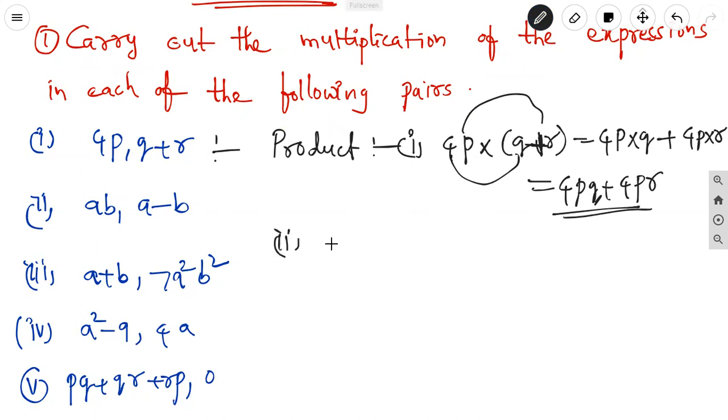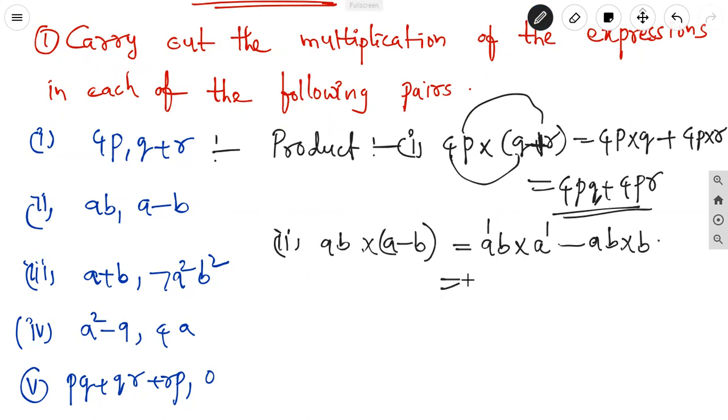Second question, ab into a minus b. That is equal to ab into a minus ab into b. a power 1 into a power 1, that is a square b, minus a b power 1 into b power 1, b square. a square b minus a b square.